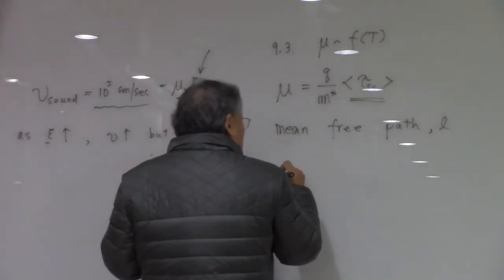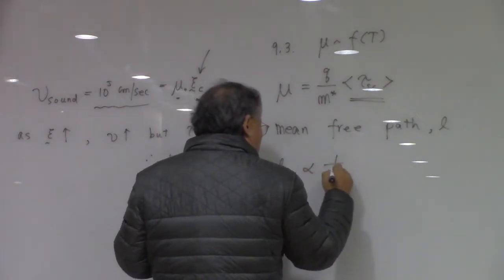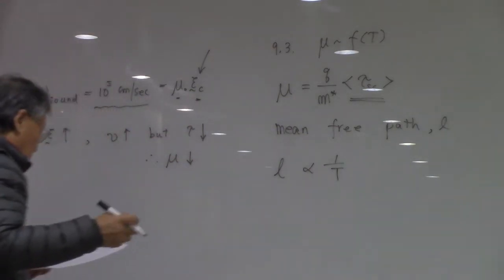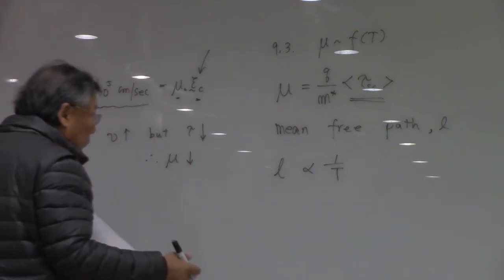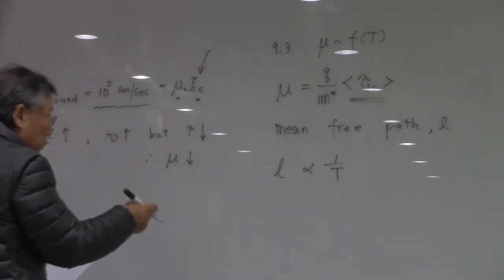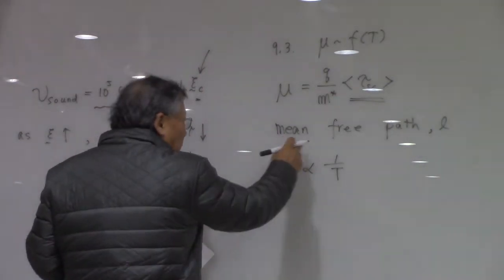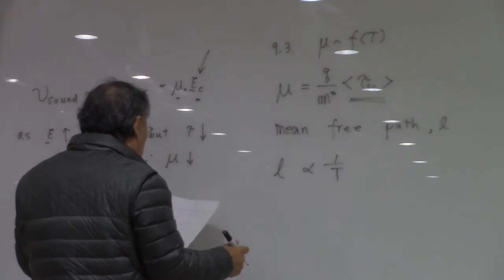And then this mean free path should be proportional to 1 over T, because if you increase the temperature, then more vibration happens so that the mean free path is going to decrease. So it should be inversely proportional.